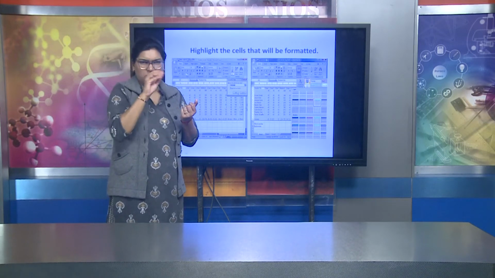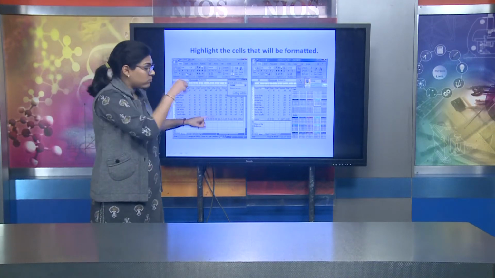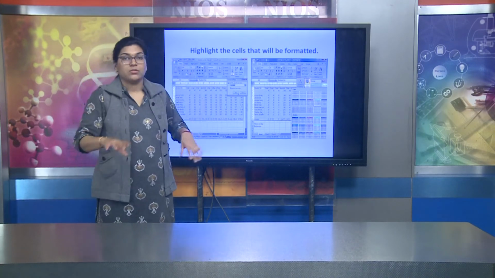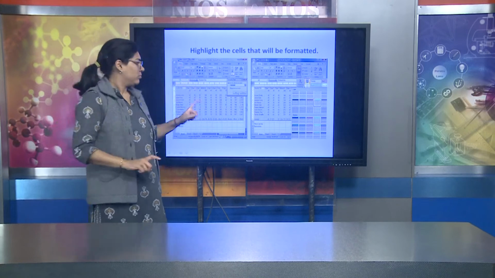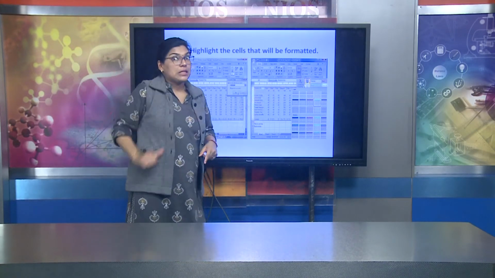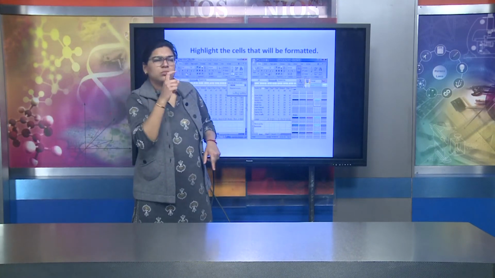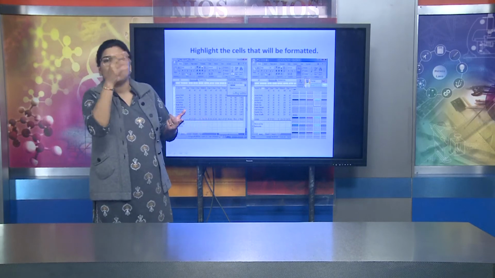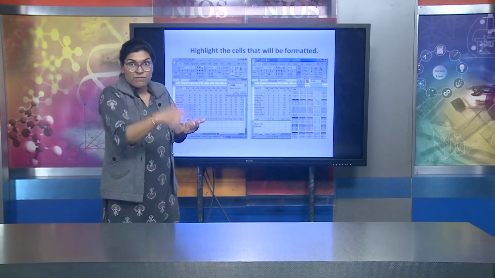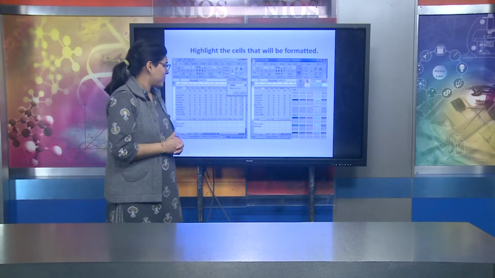In picture 1, you can see it is a normal slide. There are no highlights in the cells. You will drag from point A to point B and then you will click on the style, afterwards Format as Table, and you will choose whatever given format you want for your table.